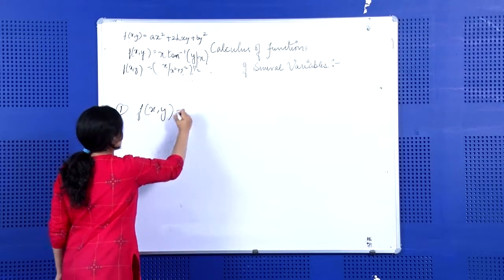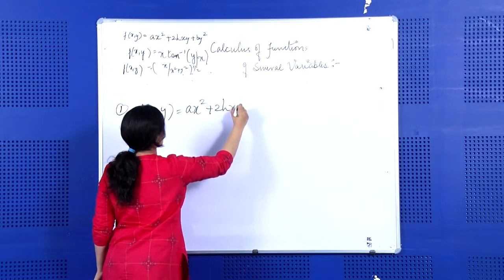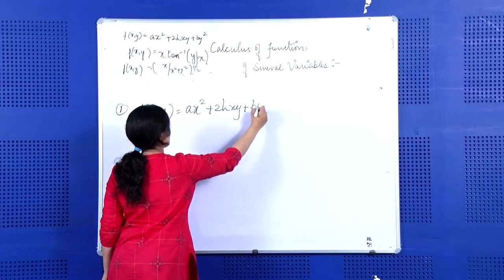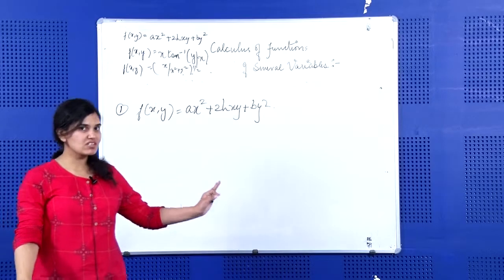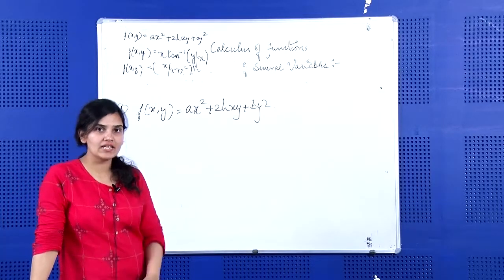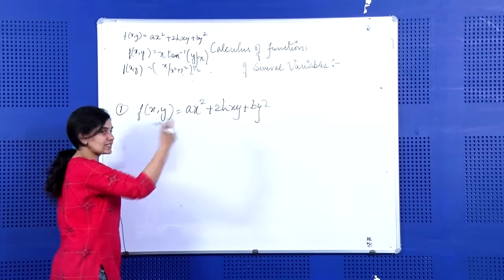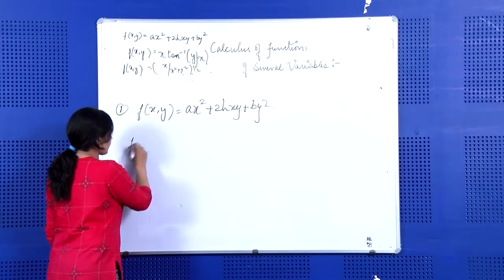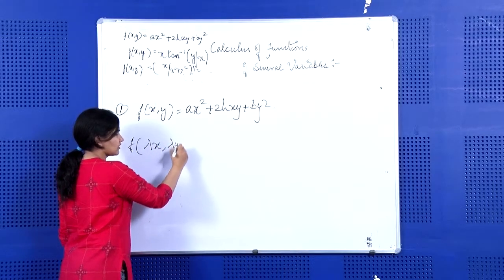f of x y is equal to a x square plus 2h x y plus b y square. We need to find whether it is homogeneous or not, and if yes, what degree it is homogeneous of. So, using the second definition, multiply x with lambda, y with lambda.